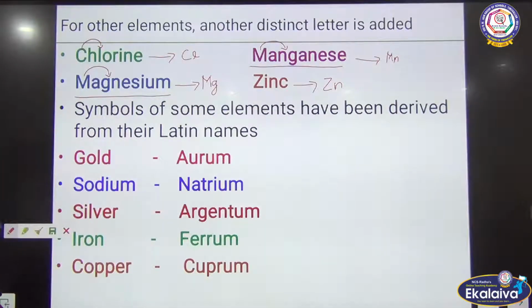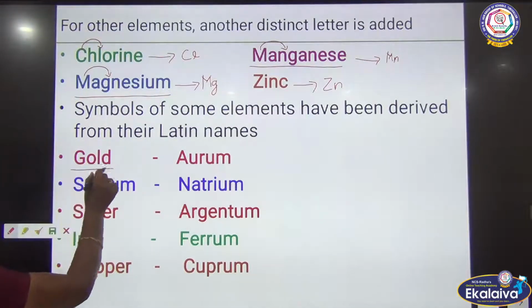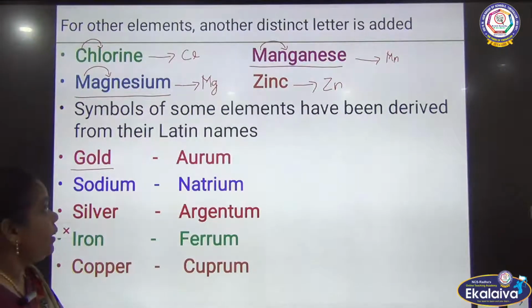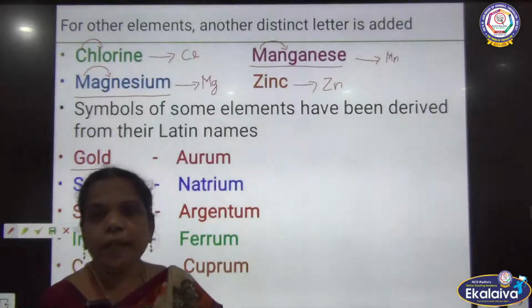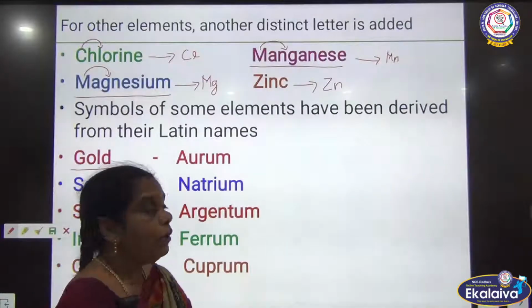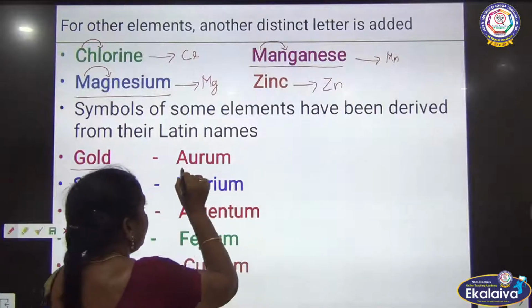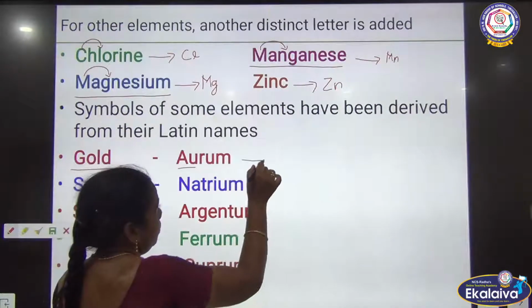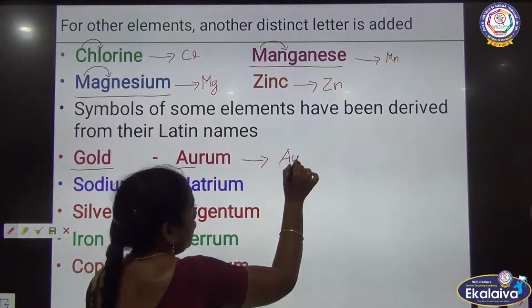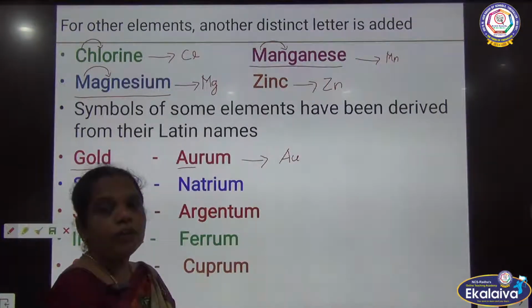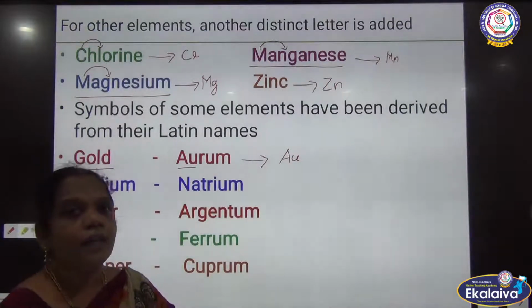So for gold, the Latin name of gold is aurum. So the symbol for aurum, gold, is Au.